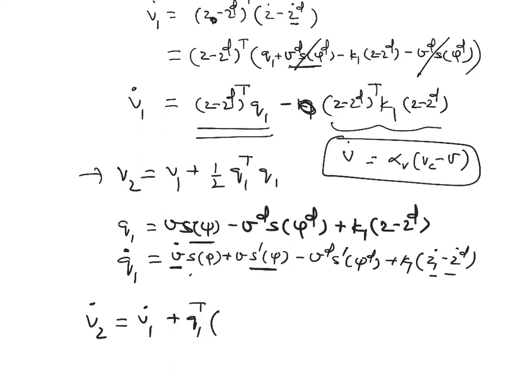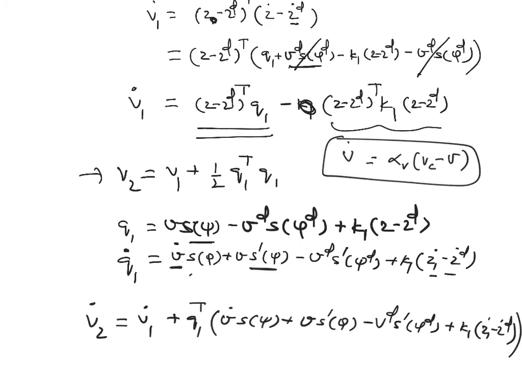So let's first plug it in here: v dot s psi plus v s prime psi minus vd s prime psi desired plus k1 (z1 dot minus z dot d) into this.